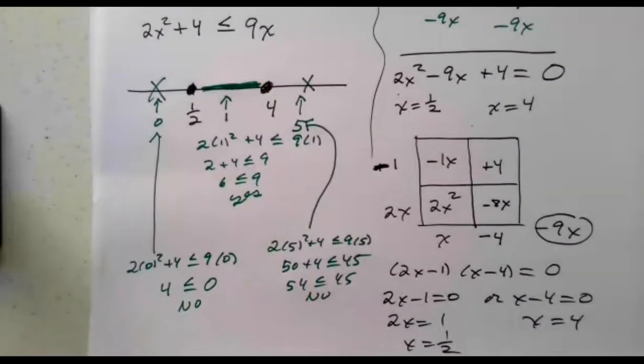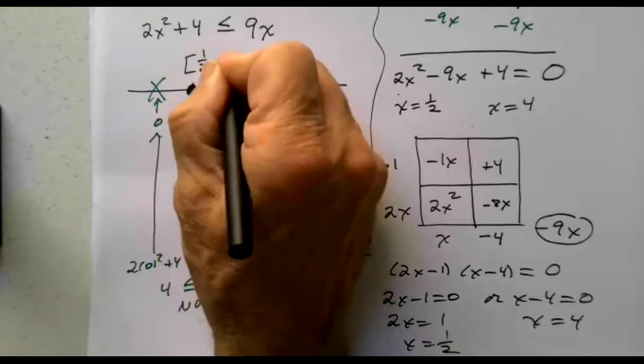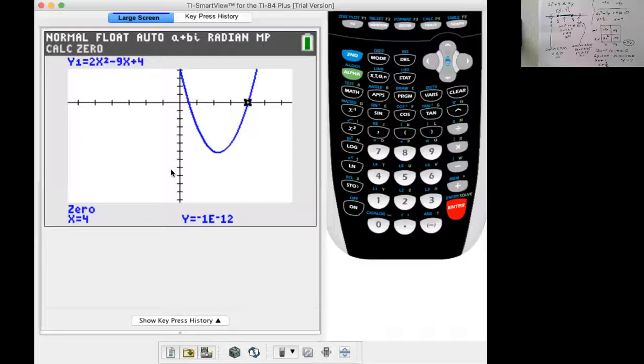So what's my answer there? Square bracket, 1/2, 4, square bracket. Now, could we have gotten that from the graphing calculator? Well, let's take a look. Remember, our question was, where is this function less than or equal to 0? Remember, we had rewritten the question which way?